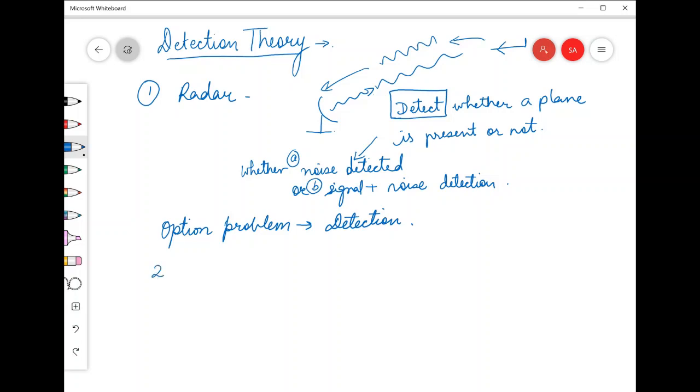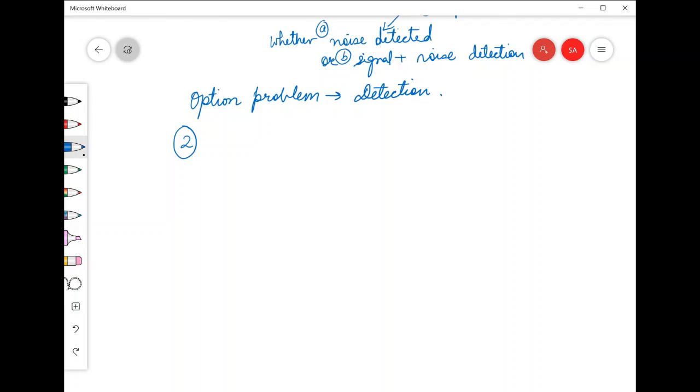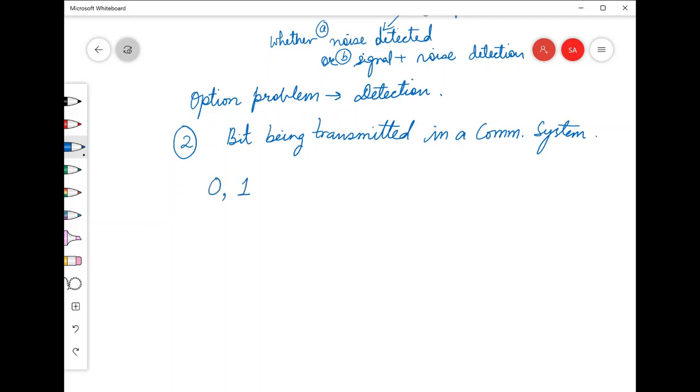The second example that we discussed was about a bit being transmitted in a communication system. As you all know, in digital communication you want to transmit either a 0 bit or a 1 bit. A 0 bit is transmitted by, let's say, a sinusoid cos 2 pi f c t.